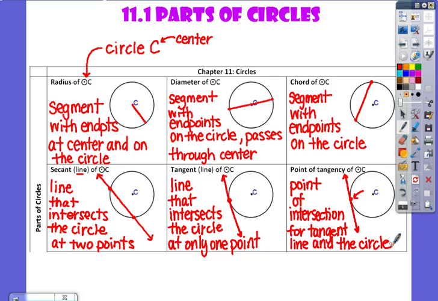If you need to pause right now to take all that down, that works. These are the 6 basic vocab words that you're going to need to make it in chapter 11, which is kind of an intense chapter. So let's just look at some examples.